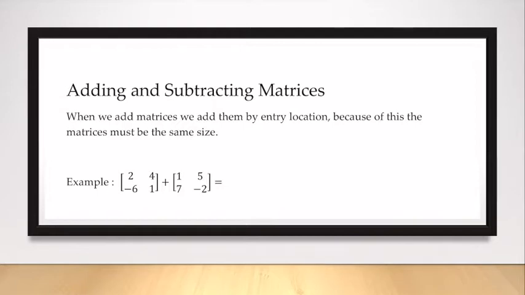So let's talk about adding and subtracting matrices, okay? When we add matrices, we add them by their entry location. And because of this, matrices must be the same size. So I'm going to go ahead and add these, and I will get out a 2 by 2 matrix because I'm taking a 2 by 2 and adding it to a 2 by 2.